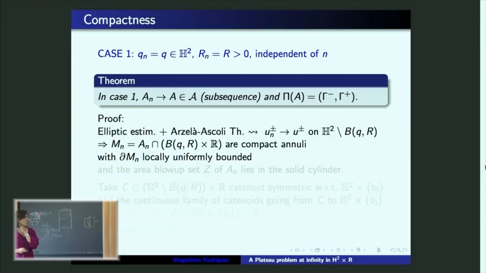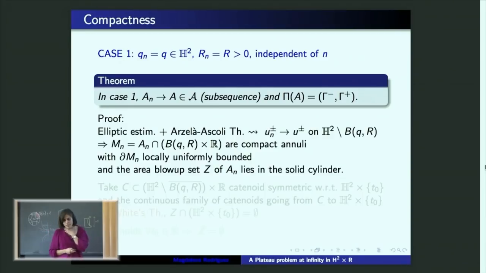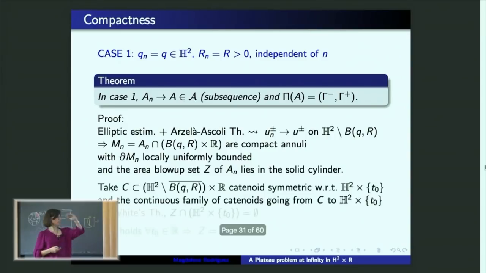And what we are going to use is a theorem by Brian White that says that the area blow-up set satisfies, in this setting, the same maximum principle as minimal surfaces without boundary. Okay, so let's fix some height and take the family of catenoids, symmetric with respect to that height, and you start decreasing the distance between the boundary curves, and the limit is going to be the horizontal plane.